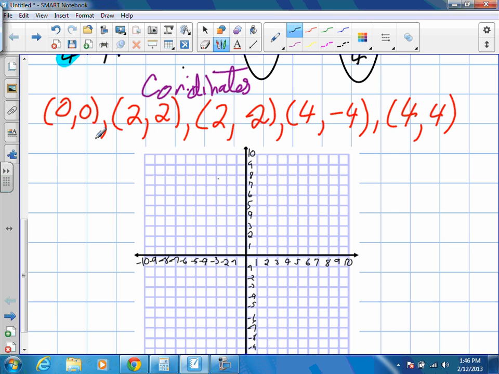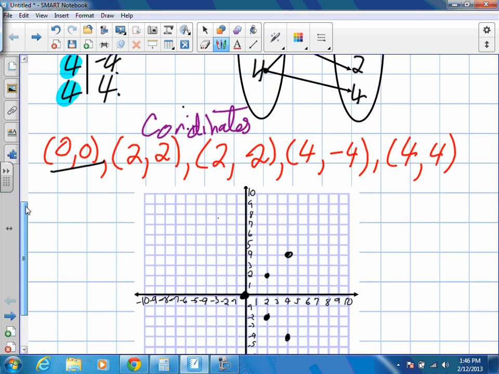We have one coordinate at 0 and 0, another one at 2 and 2, another one at 2 and negative 2, another one at 4 and negative 4, finally the last one at 4 and 4. So if you notice our coordinates, we have 5 different coordinates and they're all a little separate here. Okay? We've plotted them. This is the next way we can represent them with a graph.